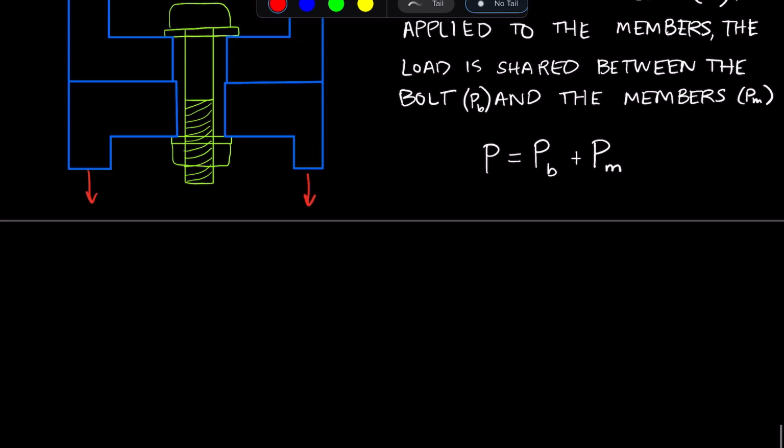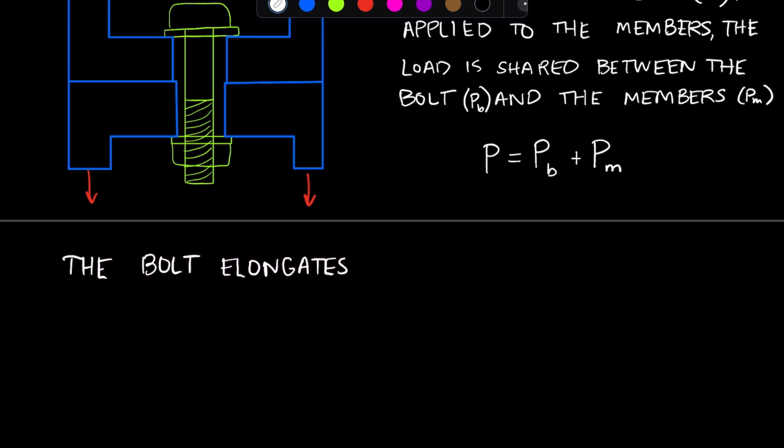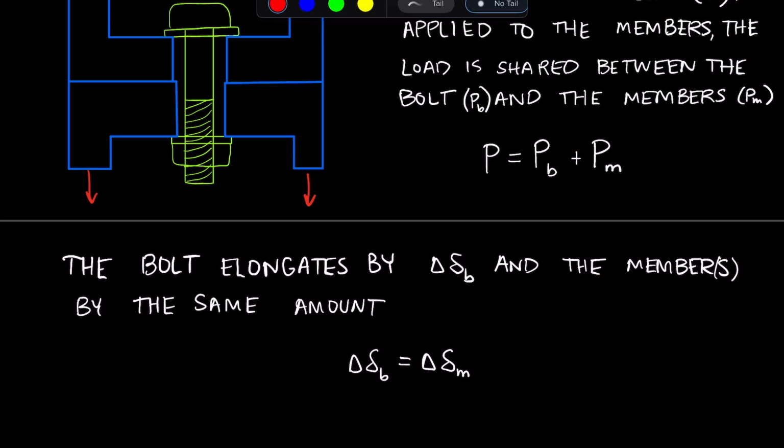So mathematically, let's write that out. So with the external load, we elongate the bolt by an additional delta B, and the members elongate by the same amount, so that delta B is equal to delta M.